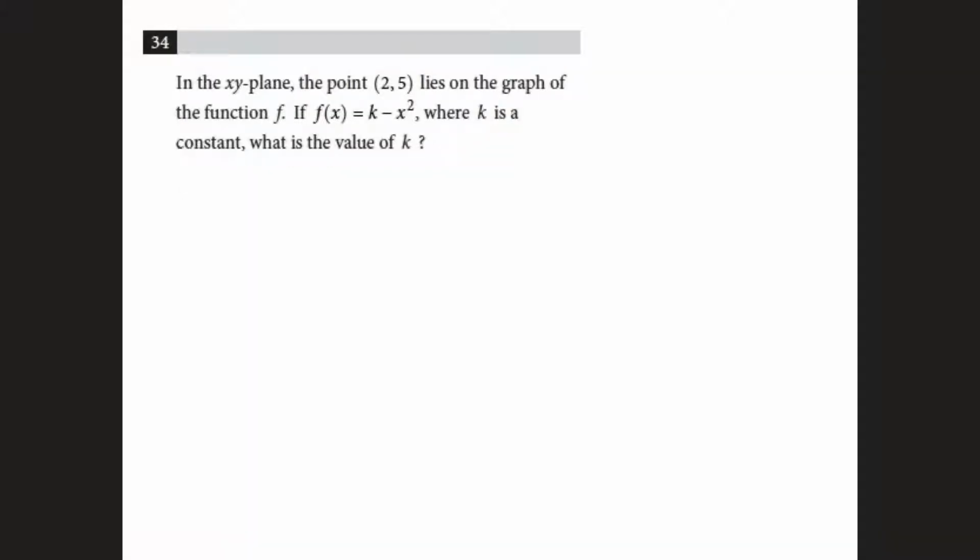34. In the xy plane, the point (2, 5) lies on the graph of the function f. If f of x equals k minus x squared, where k is a constant, what is the value of k? A little function notation here. We know that f of x equals k minus x squared.